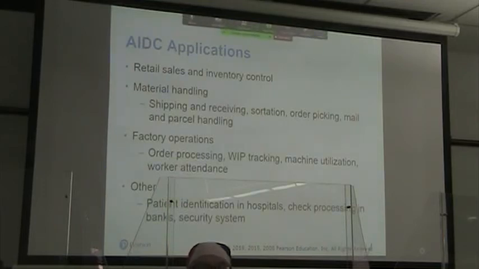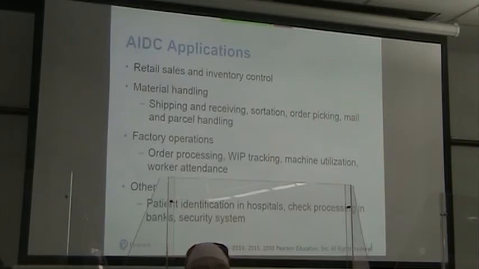Material handling for shipping and receiving, sorting, order picking, mail and parcel handling, there's been a huge revolution. And this is not a new thing. The mail service started sorting mail a long time ago using a barcode that only they use at this point.